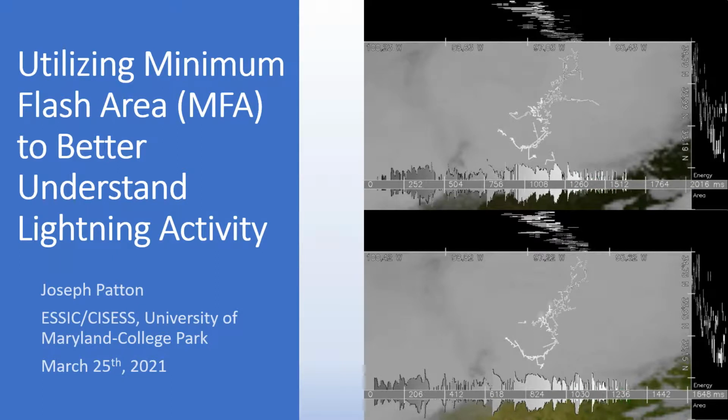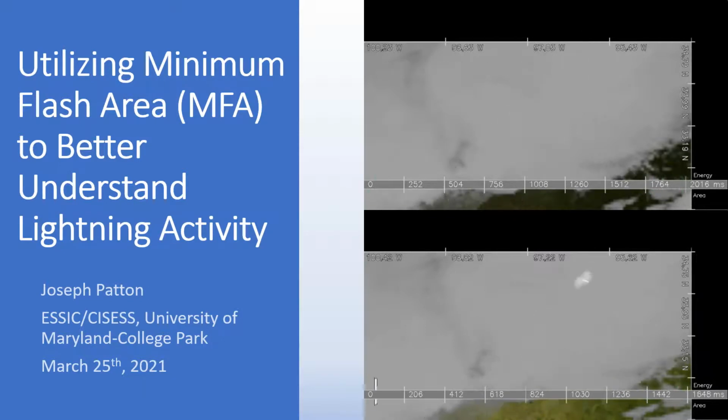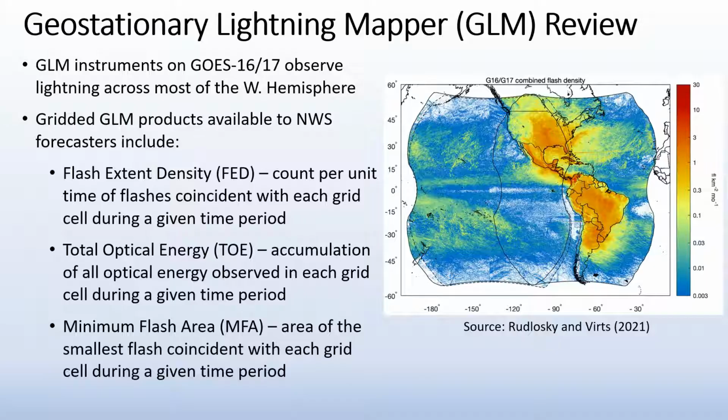My talk today is going to be focusing on one of those three GLM gridded products available to forecasters, and that's minimum flash area. Starting off with a quick review of what the GLM, or Geostationary Lightning Mapper, is: it's an instrument aboard both GOES East and GOES West that together are able to observe lightning across pretty much most of the Western Hemisphere, especially where lightning is occurring towards the middle latitudes and the equator.